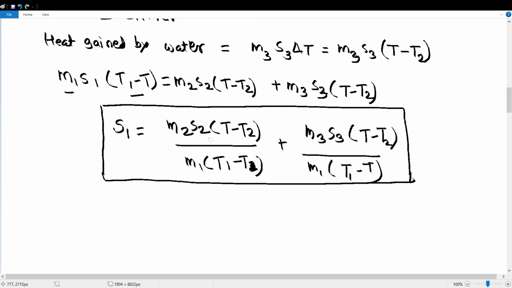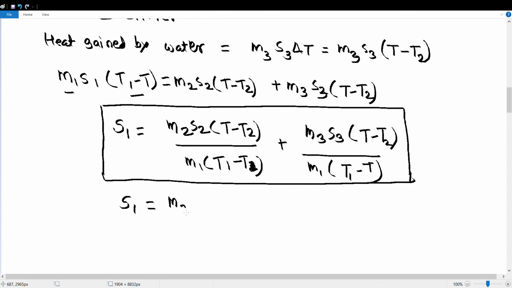Now we are interested to find the specific heat. Sorry, here we can combine these terms. What is common here? This T minus T2 is common.